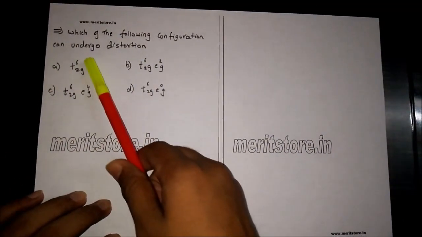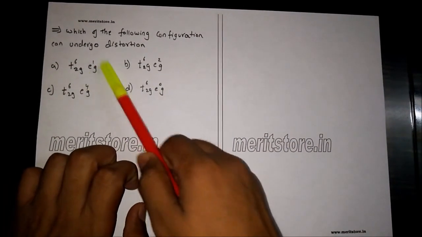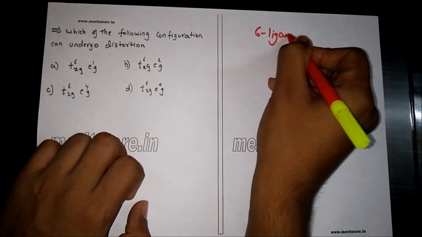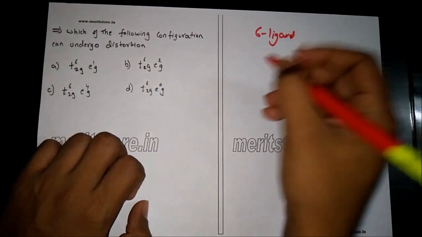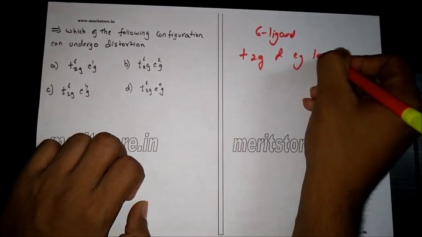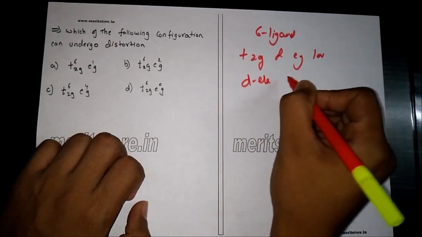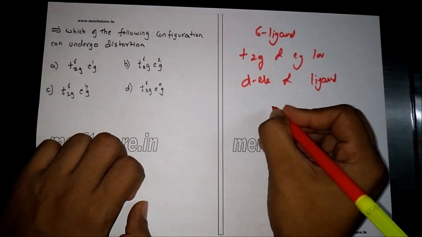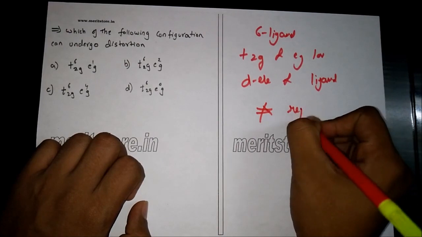The following configuration can undergo distortion. Here are the different options. Now, let's first look at what is t2g and eg. Repulsion by 6 ligands in an octahedral complex splits the d orbitals on the central atom into t2g and eg levels. It follows that there is a corresponding repulsion between d electrons and the ligands. If the d electrons are symmetrically arranged, then there will be no repulsion.